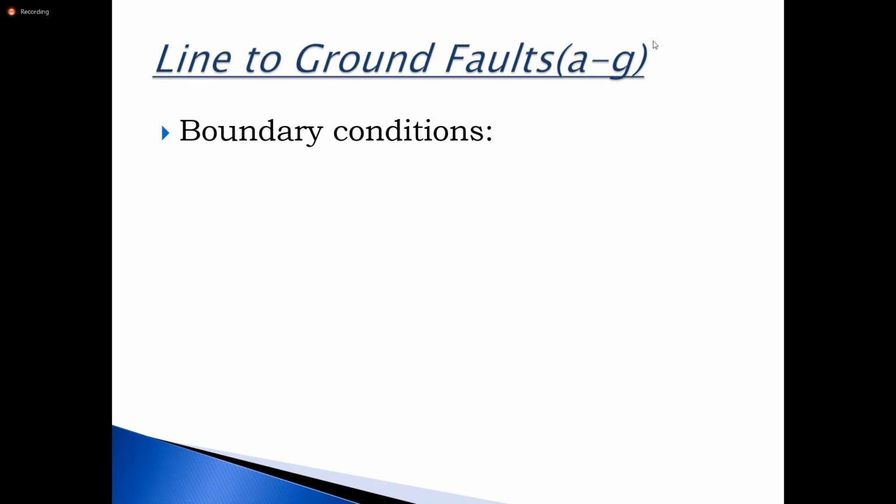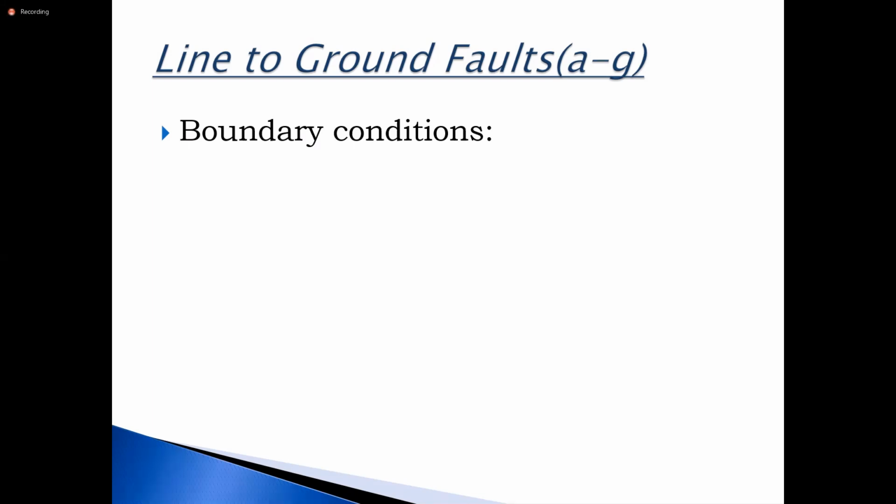So we start out by talking about what you have on screen there, the boundary conditions. What do we mean by the boundary conditions? Simply put, the boundary conditions are those things that you know are true based on the type of fault that you have. So if I have a fault on phase A touching ground, what would be the voltage on phase A?